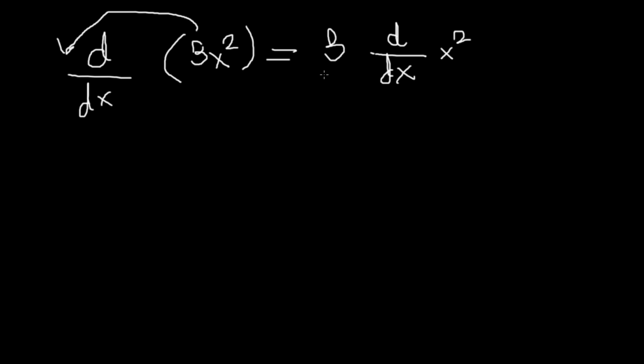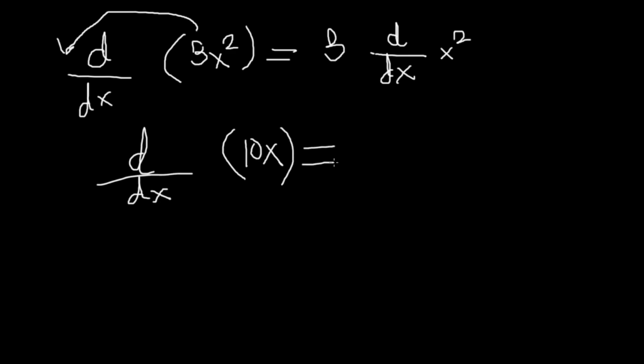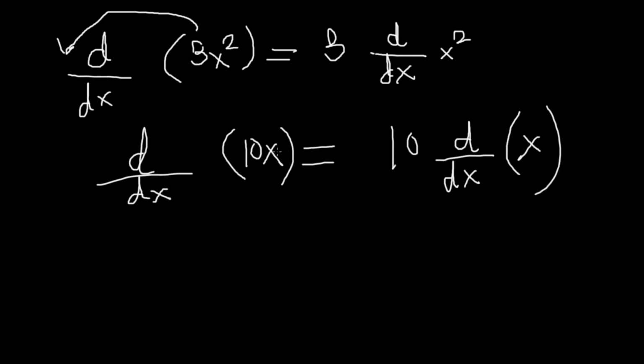This is called the scalar rule. Another example is the derivative of 10x. That also equals 10 times the derivative of x. As you can see, the coefficient was moved to the front.